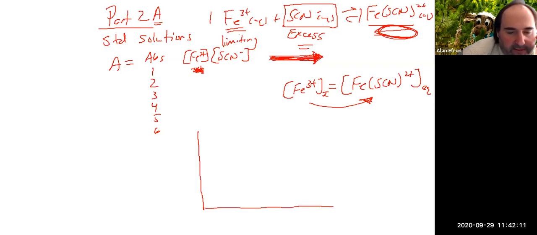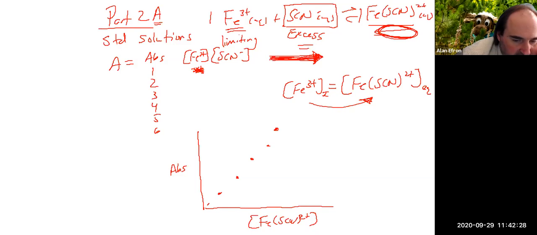you'll have absorbance, you'll have concentration of your product for those 5 test tubes, 6 test tubes. It hopefully should give you a fairly linear line. You're going to do a best fit line there, maybe better than I could hand draw it there.